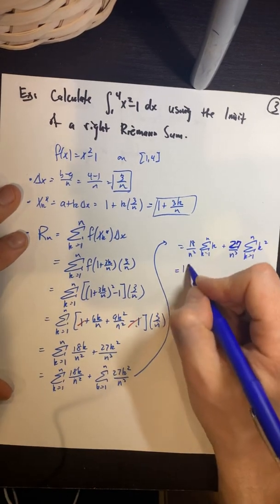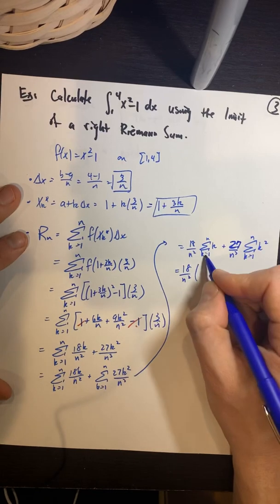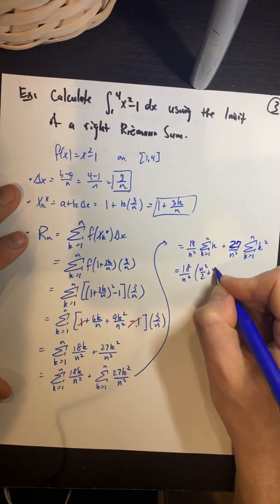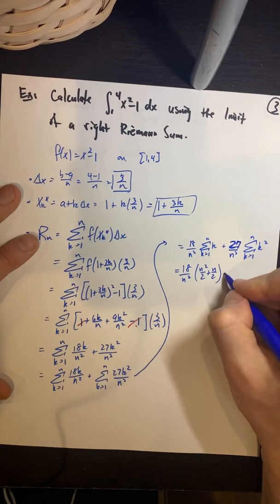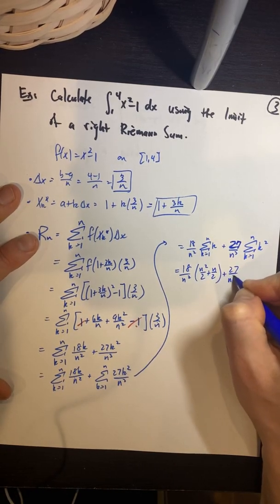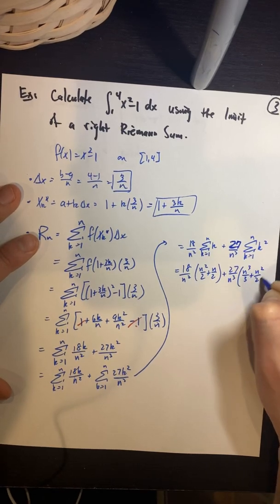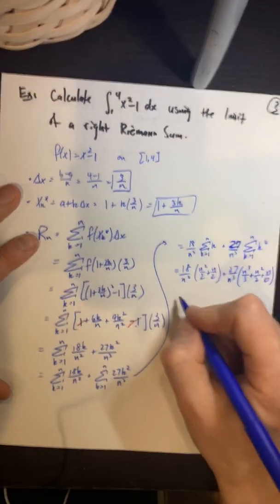Now is when I use the identities, right? So the sum from k equals 1 to n of k is just n squared over 2 plus n over 2. This would be plus 27 over n cubed, and this one's a little bit more complicated. It's n cubed over 3 plus n squared over 2 plus n over 6.